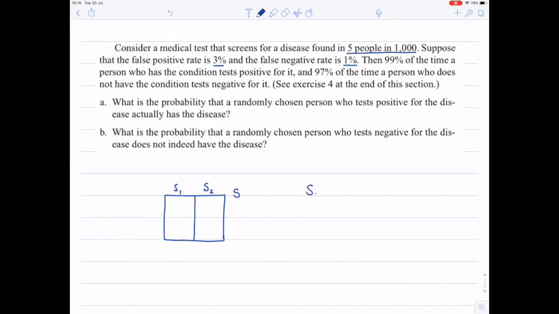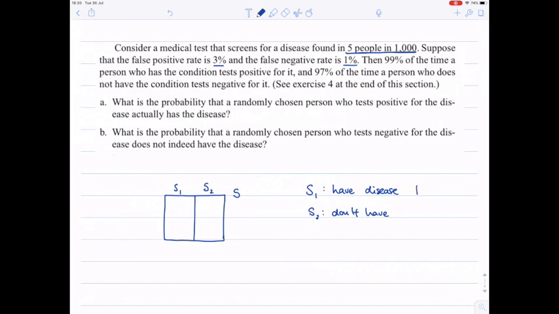We're just going to write down some information that we have here. S1 are the people who have the disease, and S2 don't have it. We know that 5 people in 1,000 have the disease.